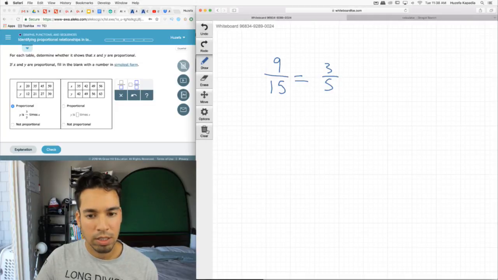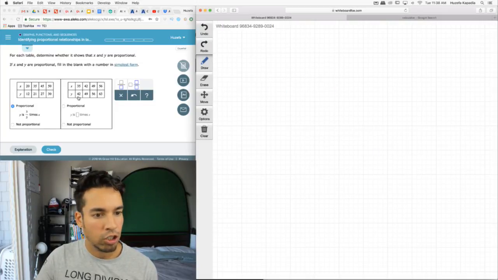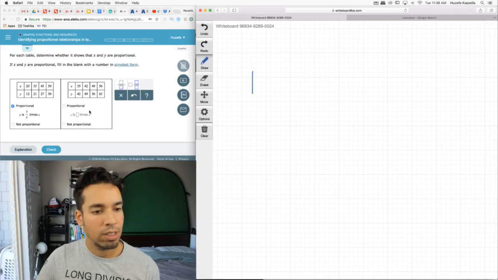Now is this proportionate? Let's see. We've got a change of 7 over 7, so it's actually 1. And then we've got a change of 7 over 7, which is 1 again. So we actually have a constant slope, but there's no multiplier.